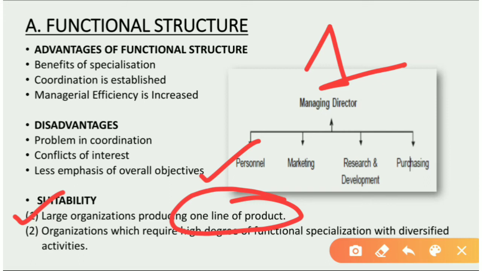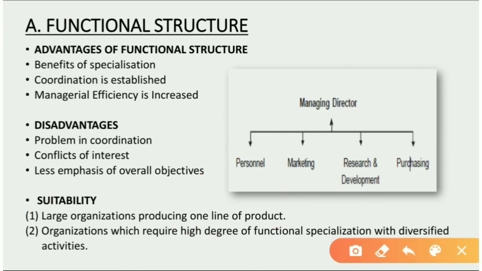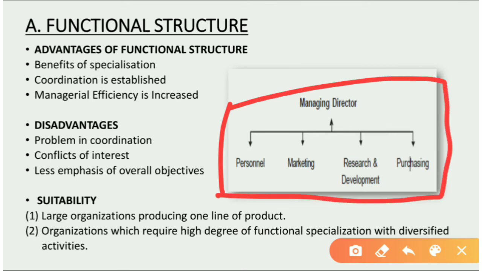If a company is producing one type of product, then they can go for functional structure. They can adopt this form of structure. They can group their functions under one department, means they can make the departments on the basis of their functions.